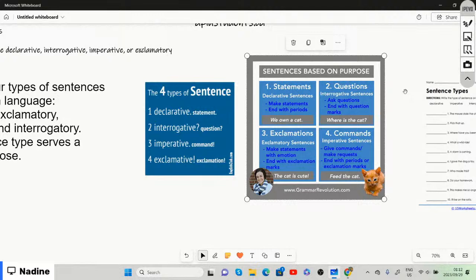And when it comes to an imperative sentence, the example is feed the dog. And that is a full stop. It ends with a period. So feed the cat, feed the dog, that is basically a request that is being made.